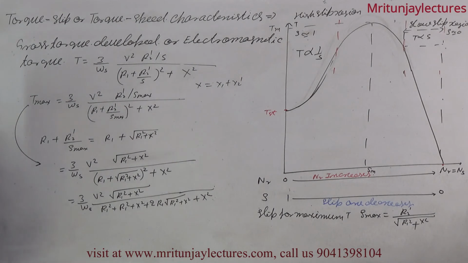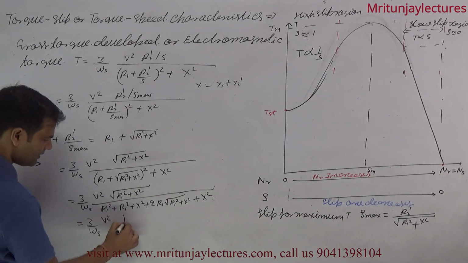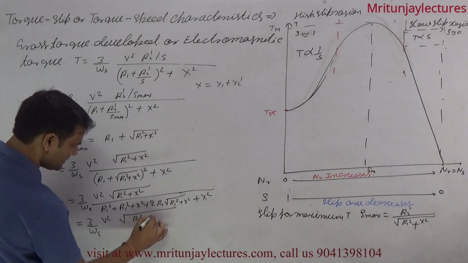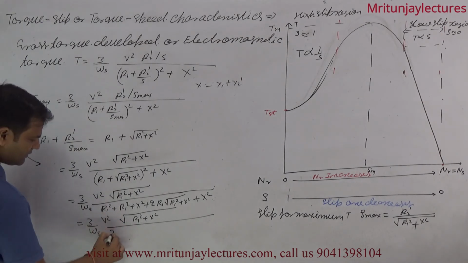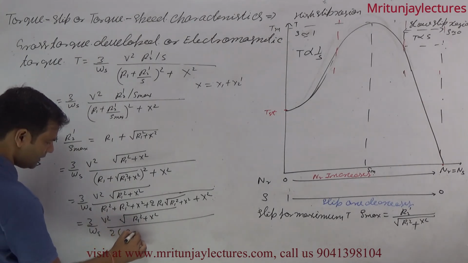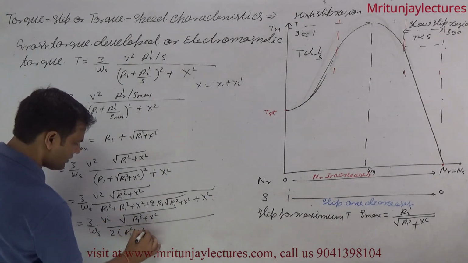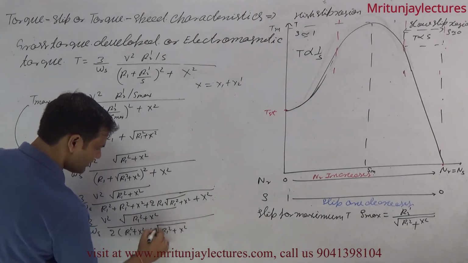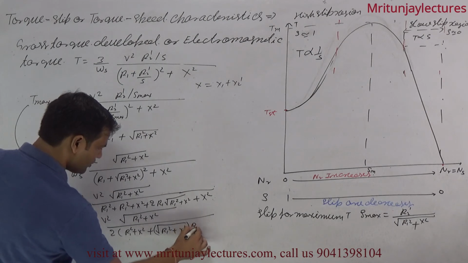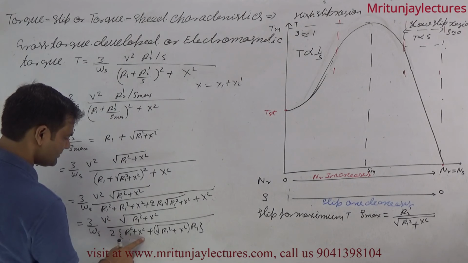So it is written as 3 upon omega s into V² under root r1² + x² whole divided by 2 times of r1² + x² plus under root r1² + x² into r1. Clear? x² plus x², that is 2 times x², r1 plus r1, that is 2 times, and this is also, that's why common 2.